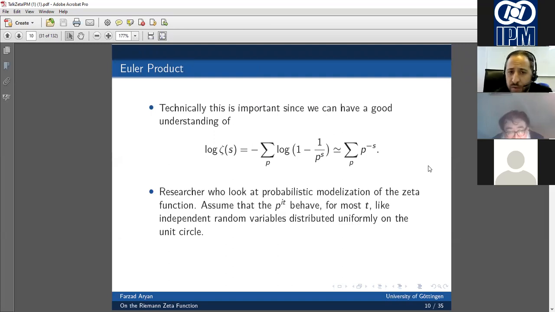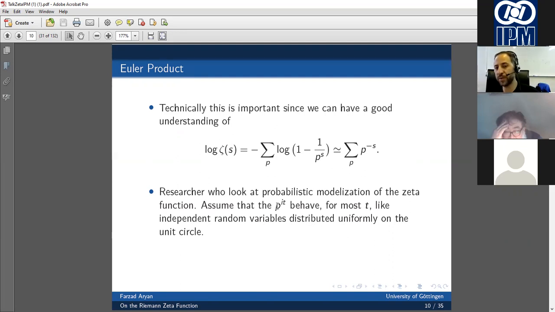Right here, when s is close to a zero of the Riemann zeta function, log jumps, and therefore this sum over p to the power minus s should also get bigger. This is a comment: people who take a probabilistic approach to studying the zeros of the Riemann zeta function look at p to the power it as an independent random variable that is uniformly distributed on the unit circle.